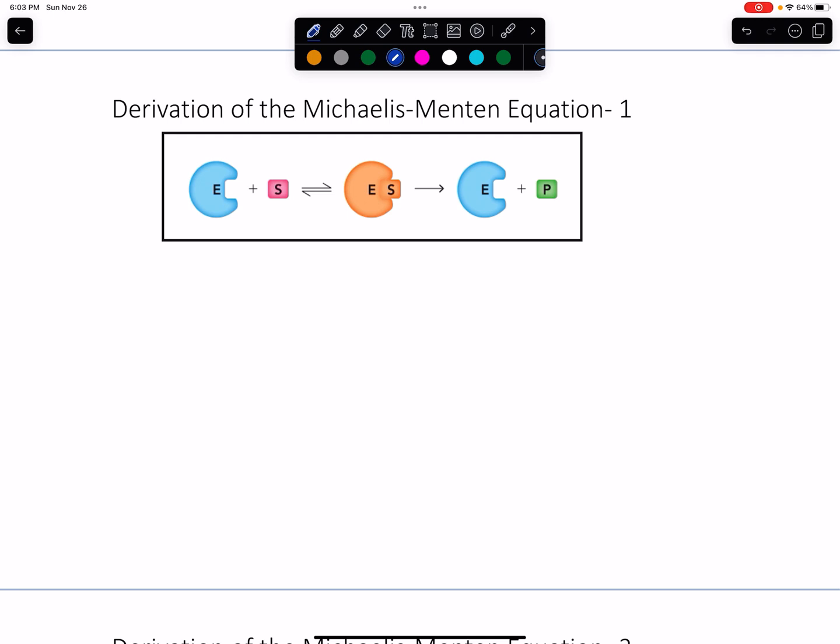All right, so this is E plus S, K1, K minus 1, ES, K2. I'm initially leaving K minus 2 in there, as we derive, we'll see it disappear, okay?